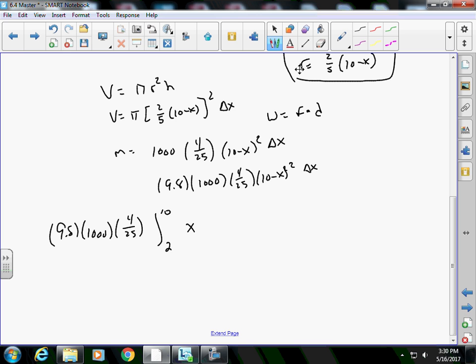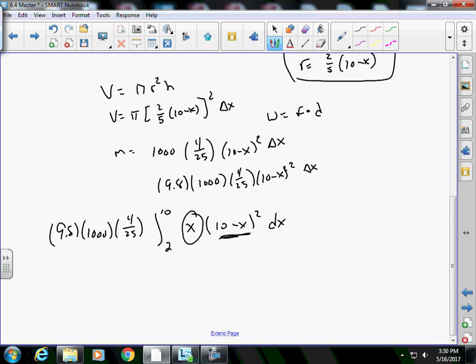Then I need my volume or my mass, right? Because I need distance for that. So that's 10 minus x squared dx. So this is the x of it going out. This part is the volume and its mass.